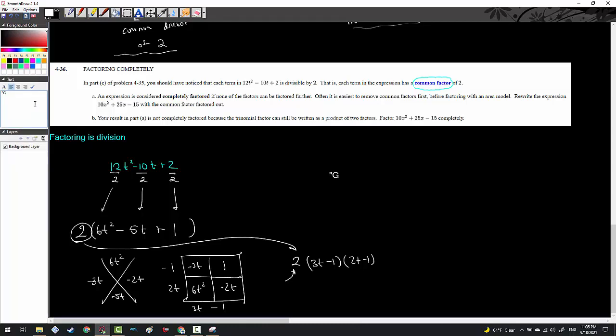And that stands for greatest common factor. And we always want to pull that greatest common factor out for a couple of reasons. One, because a term is not considered completely factored until the pieces are broken down such that they can't be factored anymore.